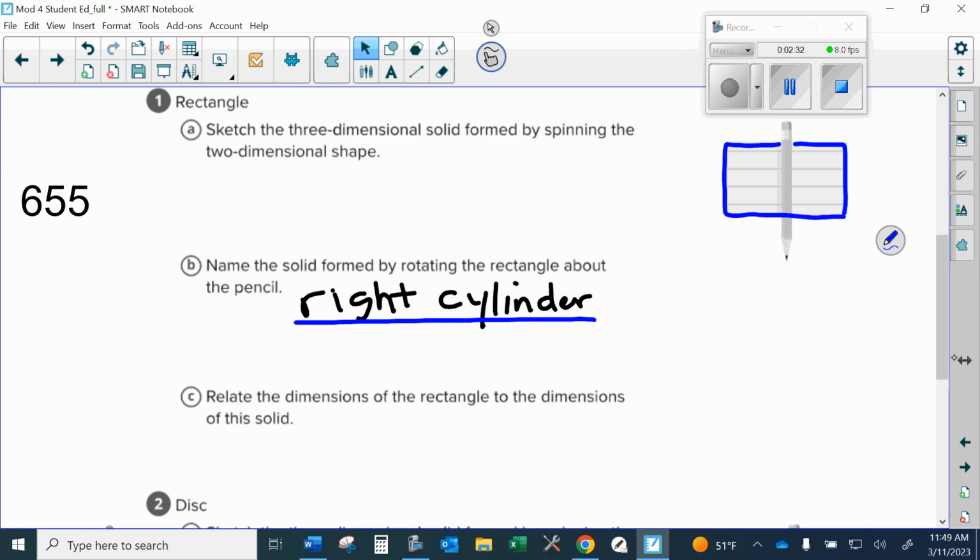Right meaning because it's vertical up and down. It's not oblique, it's not at an angle, it's straight up and down. It creates a cylinder. So a rectangle that's being spun is called a cylinder. Just know that.